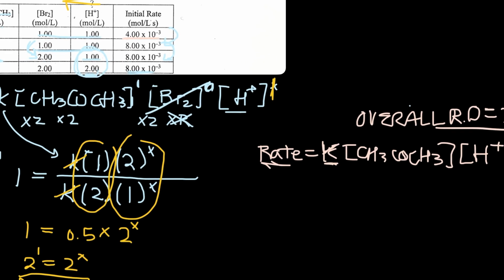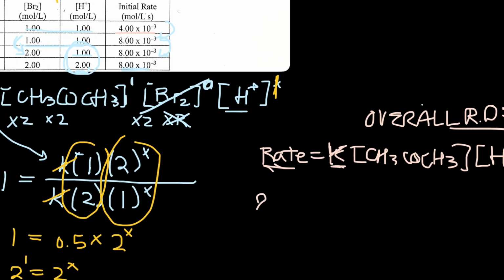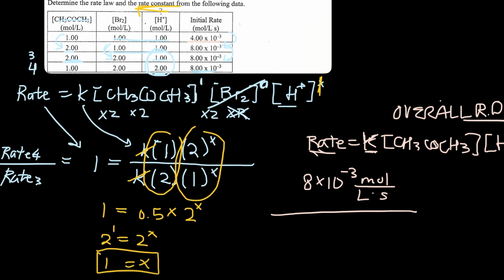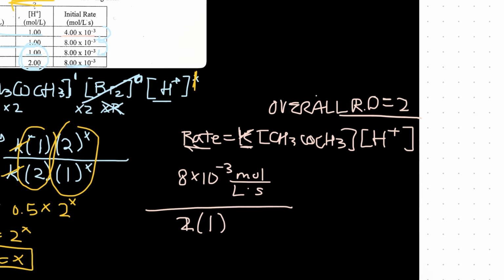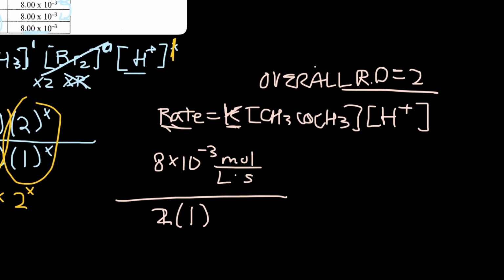Okay, experiment 2 it is. So the rate at experiment 2 is 8 times 10 to the negative 3, and that is mole per liter times seconds, divided by the concentration of the first thing we have and the second thing we have. And they're both exponent 1s, which is easy.